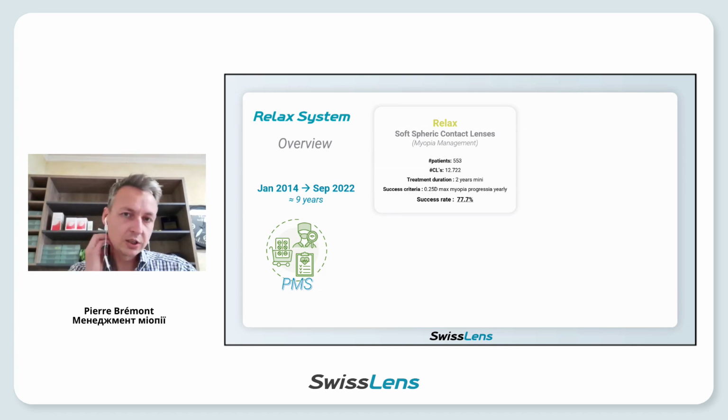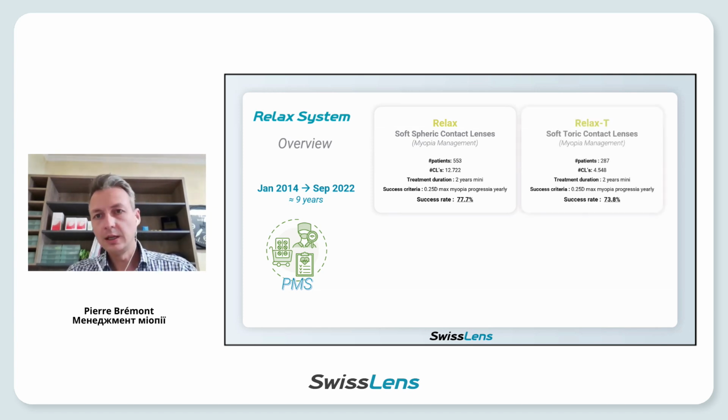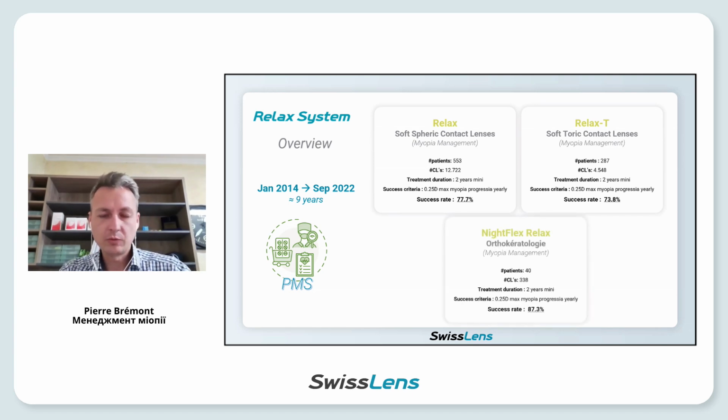And the treatment duration is over 2 years minimum. In the Relax toric, the success is a bit lower, around 74%, but it's still good. And with the Nightflex, we have really, really good success: more than 87% of the patients are below 0.25 diopters of myopia increase every year.